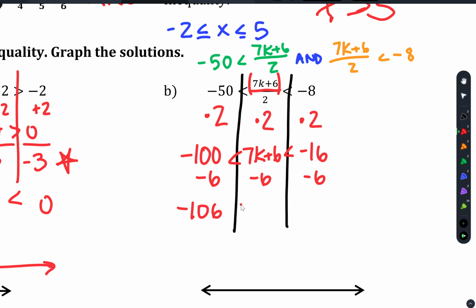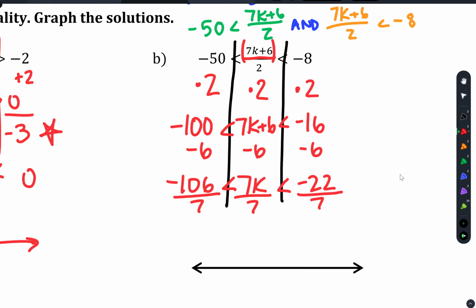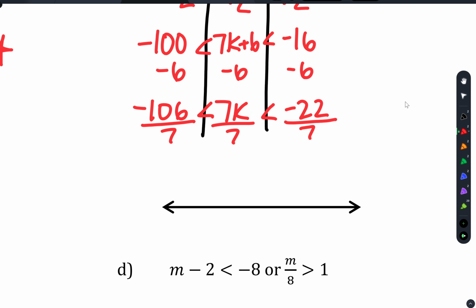Negative 106 is less than 7k, is less than negative 22. Divide by the 7s. This is going to get me something real ugly here. I'm going to warn you right now. Negative 106 over 7, I'm going to leave as negative 106 over 7 is less than k, is less than negative 22 over 7. Which one's bigger?